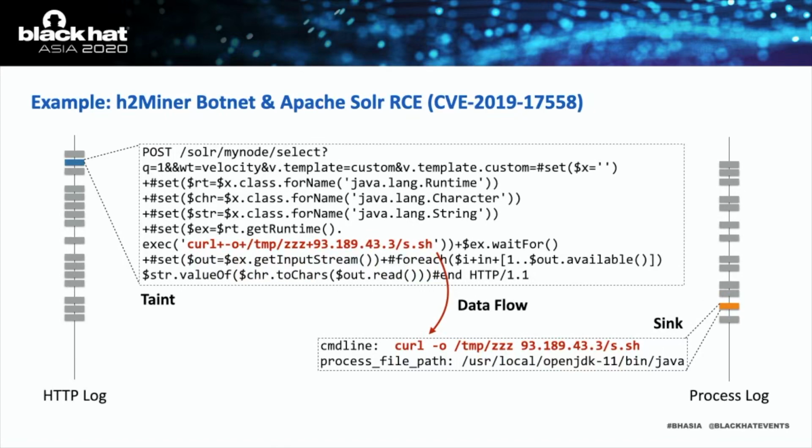The HTTP data is processed by the web service and finally executed by the system. We can see the same part in the HTTP log and process startup log. In this way, if we can automatically correlate traffic data with terminal logs and find similar paths, we can identify attack traffic.